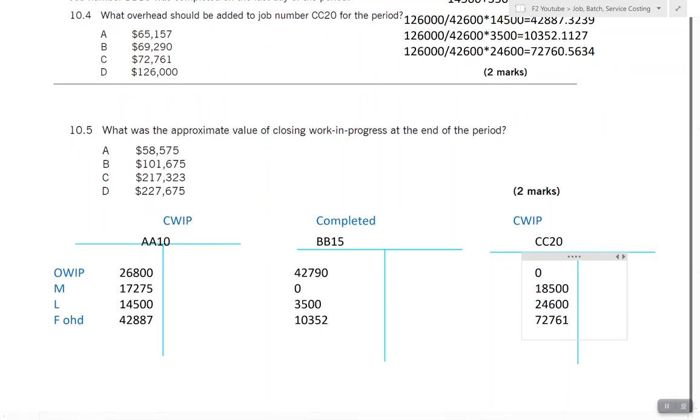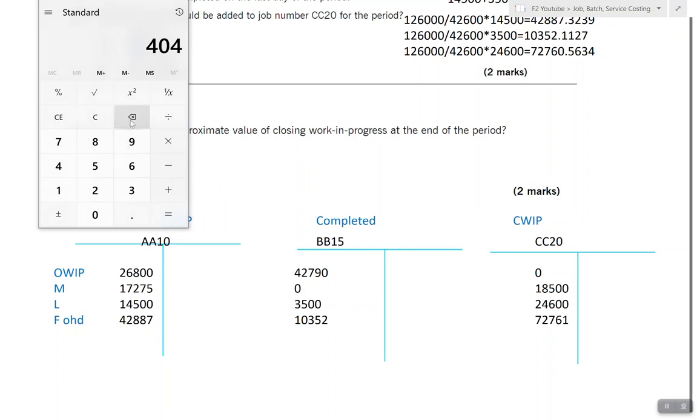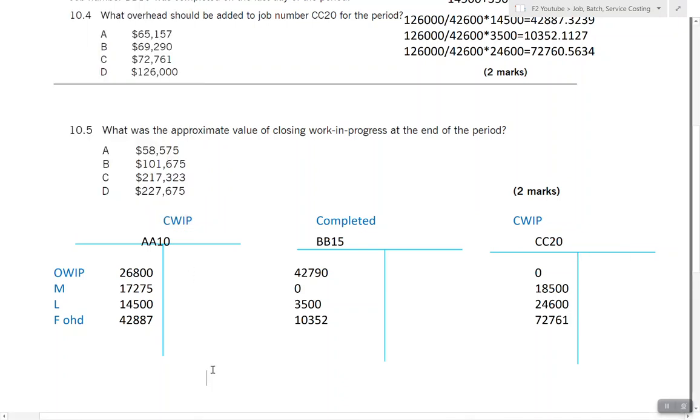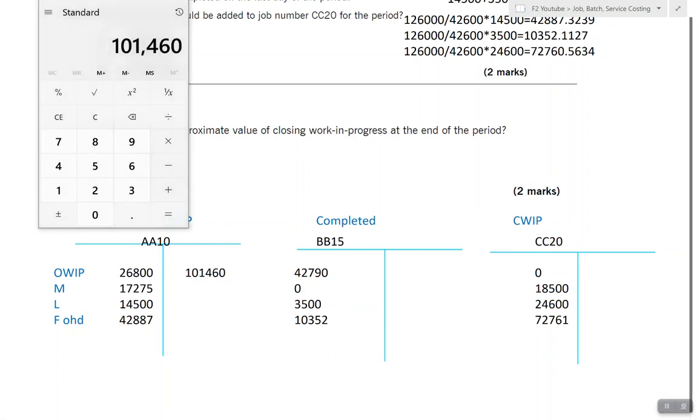Have we added together? 26,800 plus 17,275 plus 14,500 plus 42,885. I know the requirement of the question is something else, but I'm calculating the total cost anyway. So this is the total cost of job number AA10.